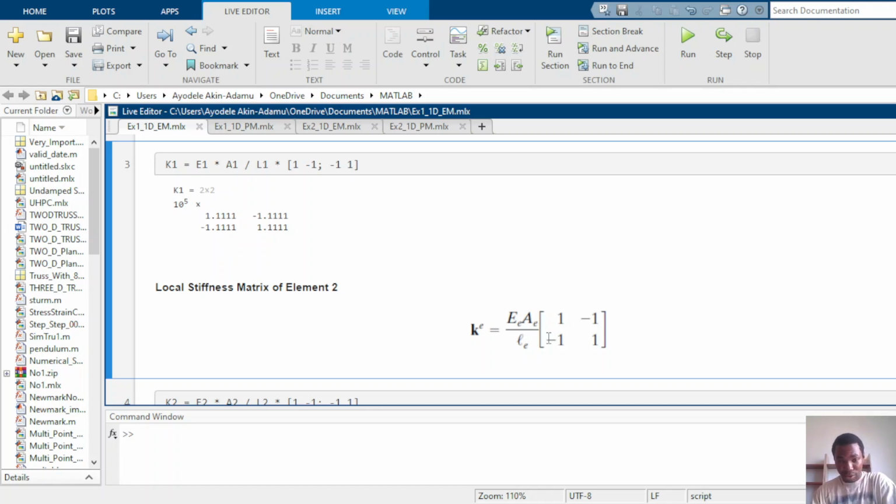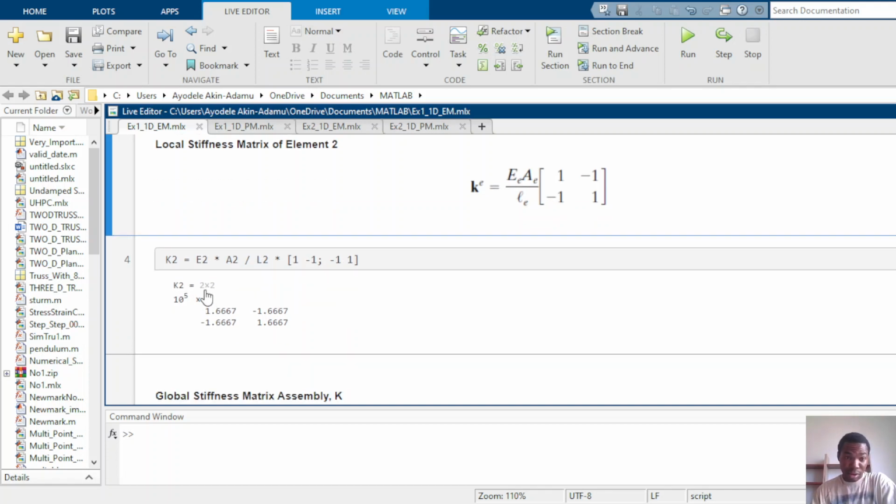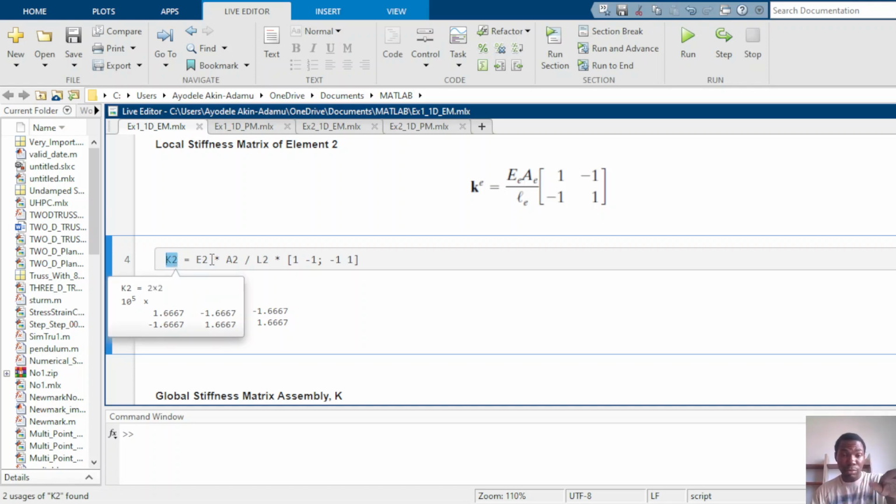We do the same thing for K2, exactly the same thing, but we use the material properties of element 2: E2, A2, L2. So we write the code, which is this. K2 represents the local stiffness matrix of element 2. So I'm defining K2 as my local stiffness matrix of element 2.